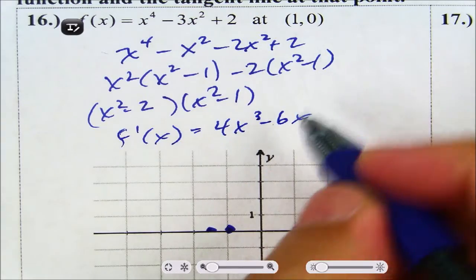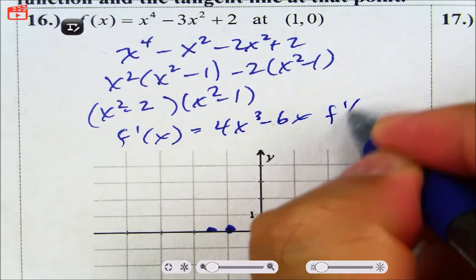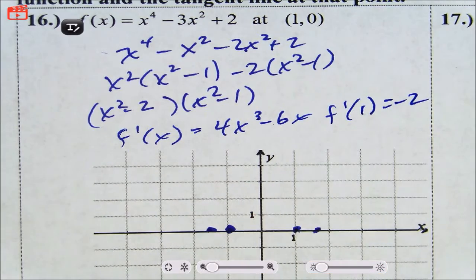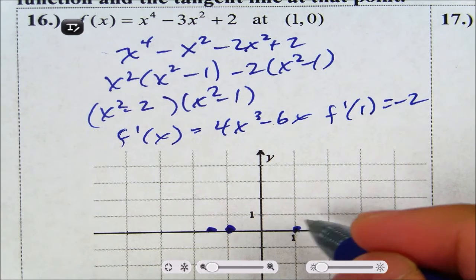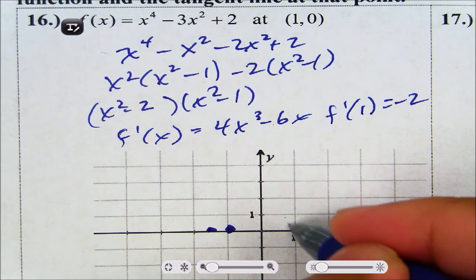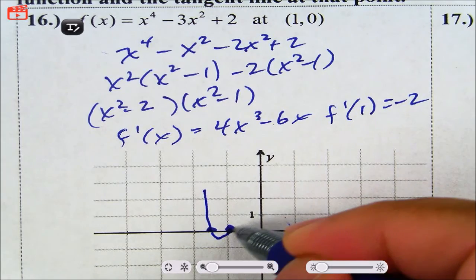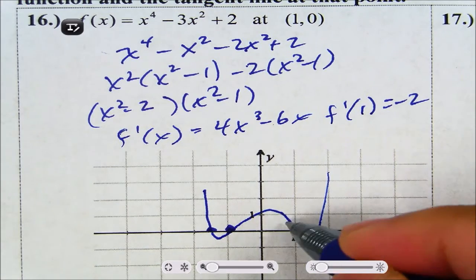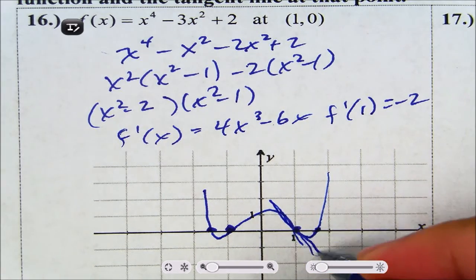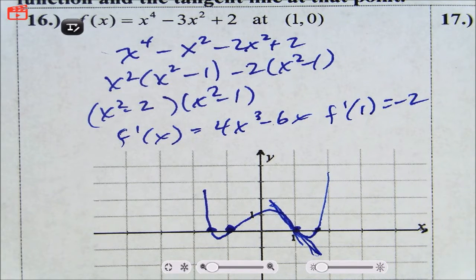Plug in 1, so f prime of 1 equals negative 2. So the slope is negative 2 at 1, so it's going to be downwards. That makes sense. So I'm going to draw it like this. That has a slope of negative 2.